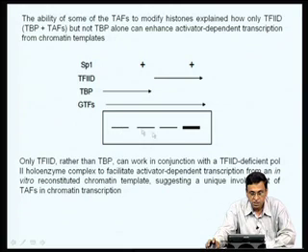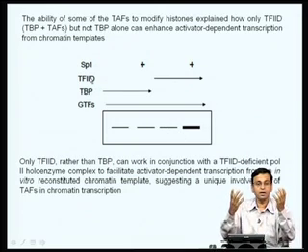Similarly, SP1 cannot change the basal transcription, but if instead of TBP you add TF2D, you can see SP1 in conjunction with TF2D can enhance transcription. That means for SP1 to activate transcription, TBP alone cannot do the job; you require TBP plus TAFs, which is the TF2D.